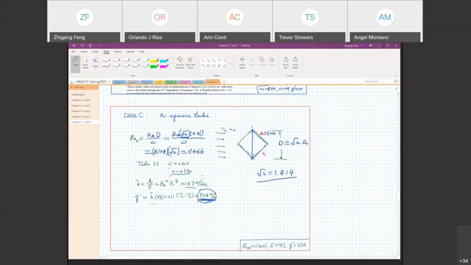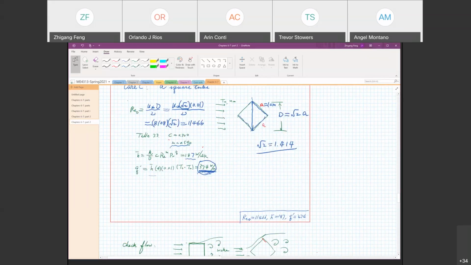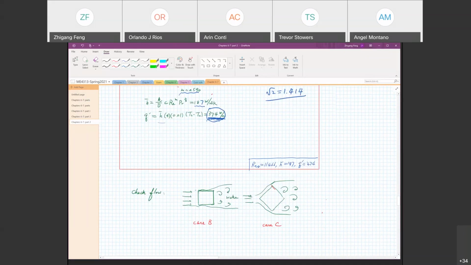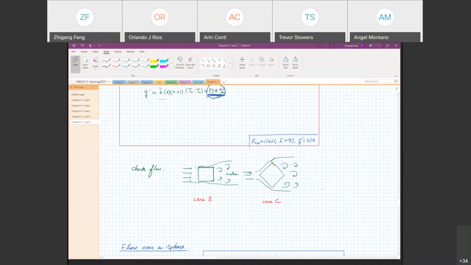Now, can we explain why we are able to increase the heat transfer rate for this configuration? This can actually be explained based on fluid mechanics. If we look at the fluid behind the cylinder, for case B, the wake region is much narrower or smaller compared to case C. In case C, you have a larger wake region, and in case B, you relatively have a smaller wake region.